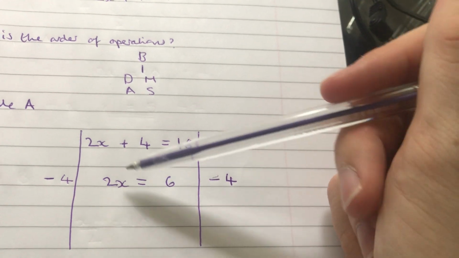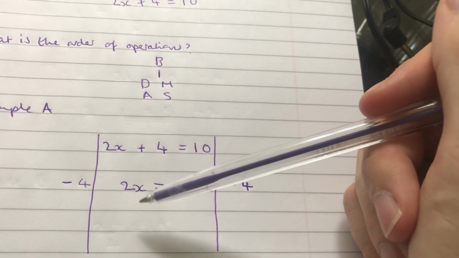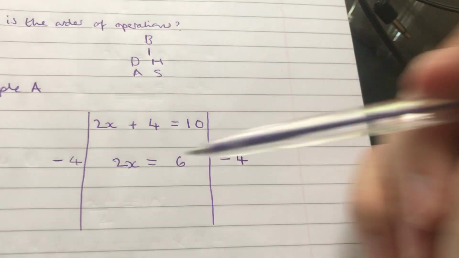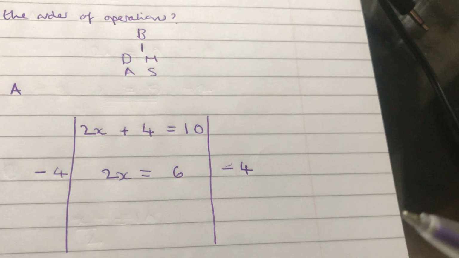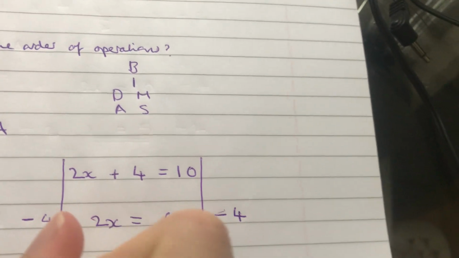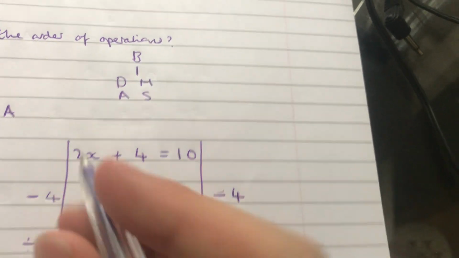Next, let's think about the inverse of 2 multiplied by x, because 2x is 2 multiplied by x. The inverse of multiplication is division. The journey x takes is multiplied by 2 to get 6, so we divide by 2.